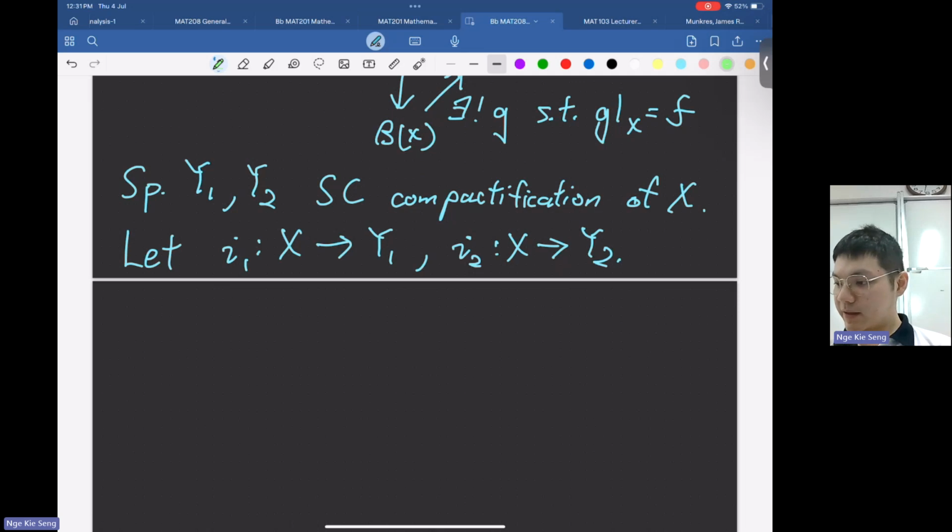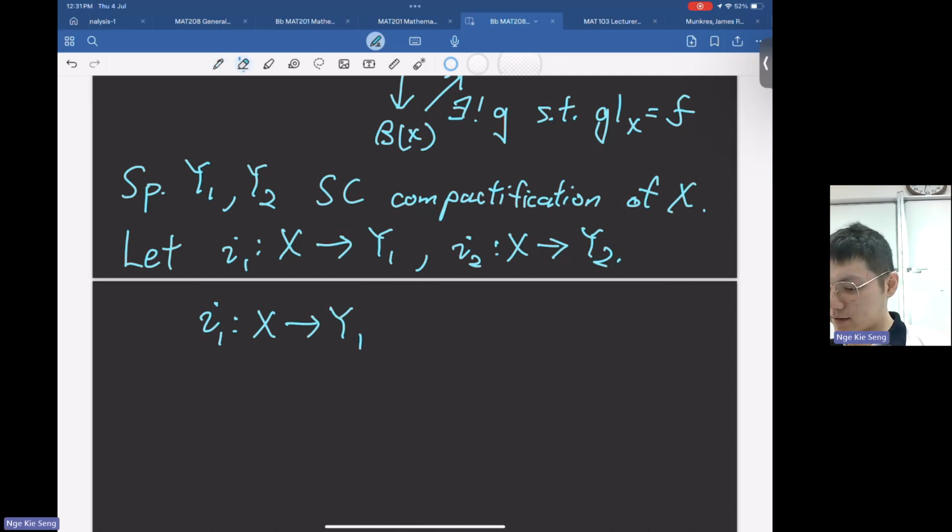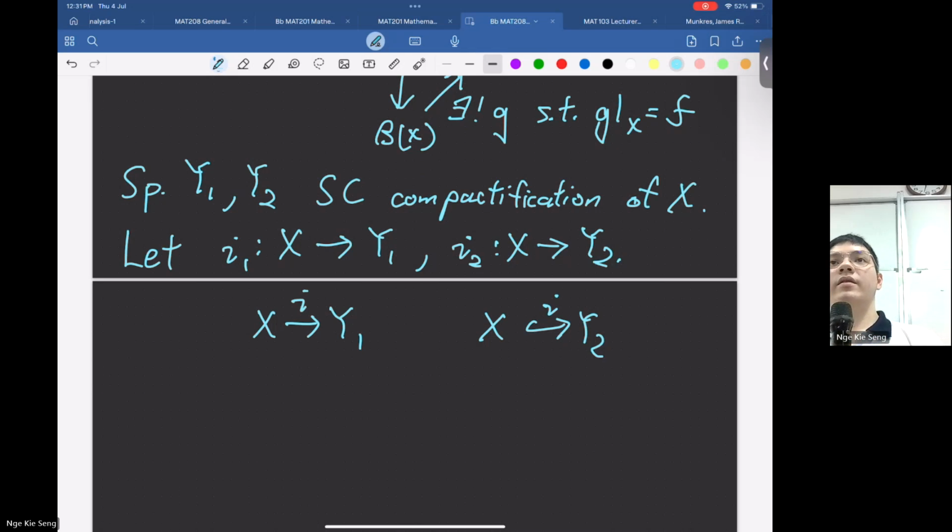So you see, we have X included into Y1, and X included into Y2. But what are Y1 and Y2? Stone-Cech compactifications of X, correct or not? So meaning what? For this I1, there exists a unique G1.